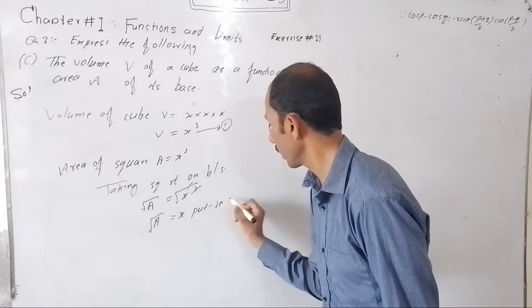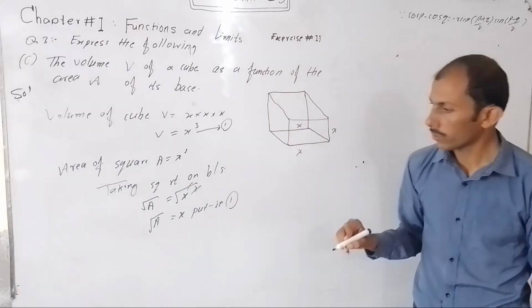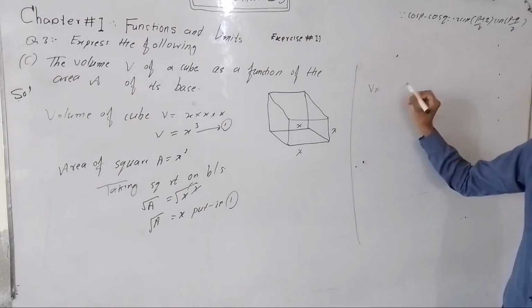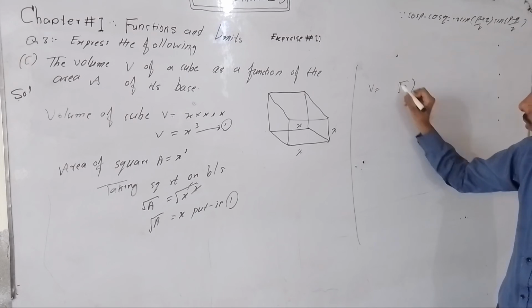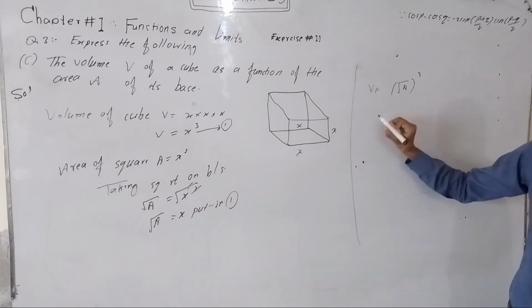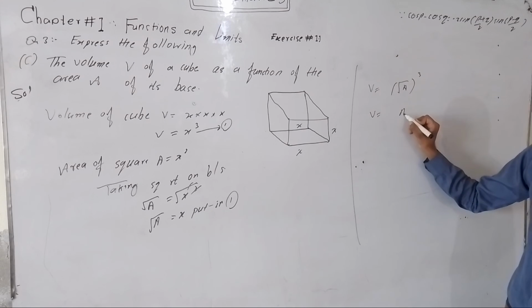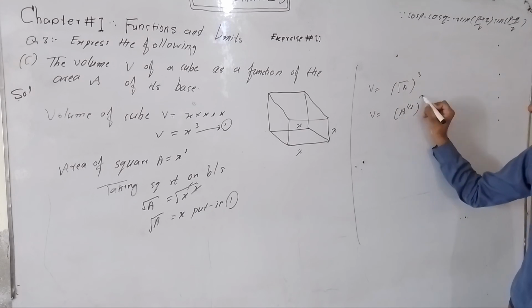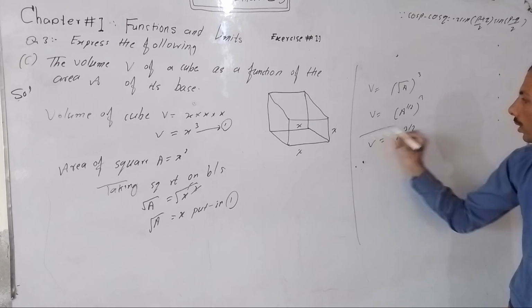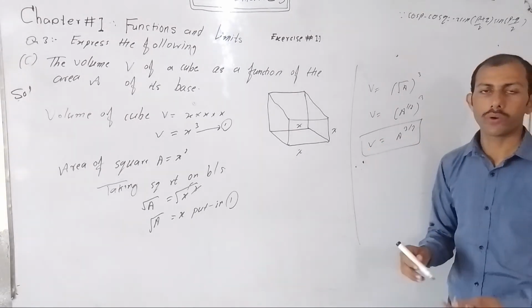Put in 1. So volume is equal to under root of A whole power 3. V is equal to A power 1 over 2 whole power 3. V is equal to A power 3 over 2, which is the required volume.